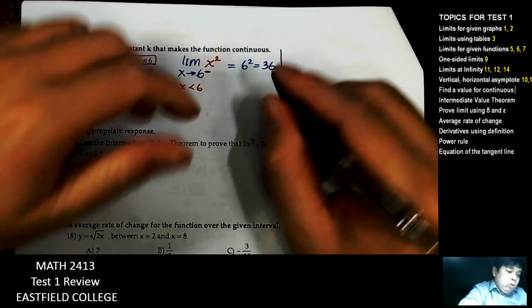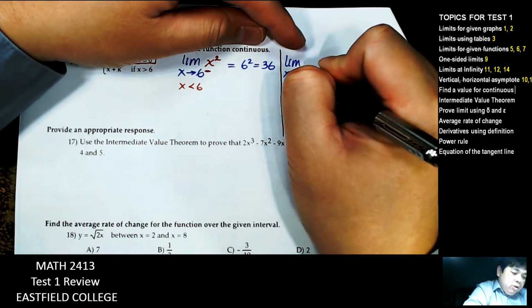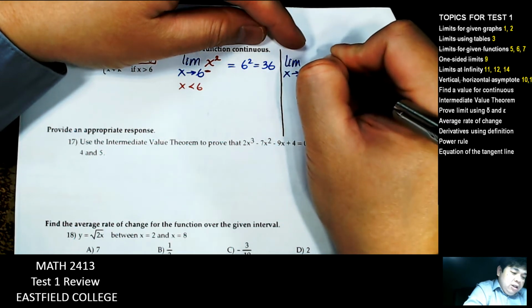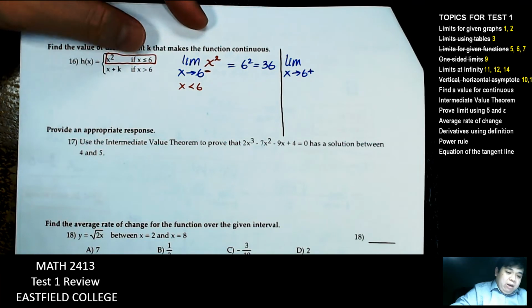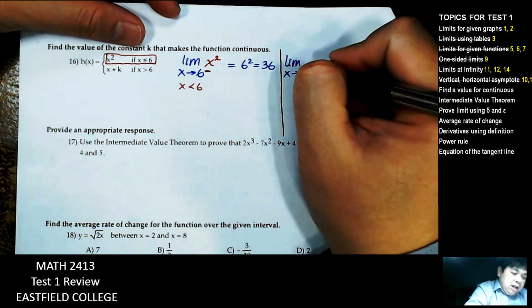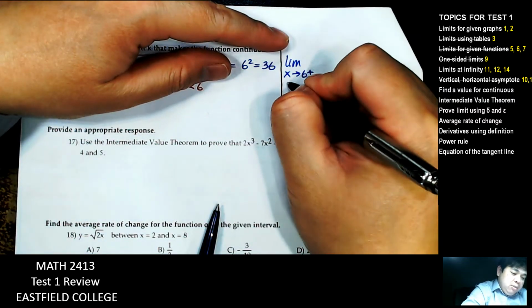We need the limit when x equals 6 to exist. Now we check the limit when x goes to 6 from the right side. In that case, we have to use the second part of the function, because x is bigger than 6.